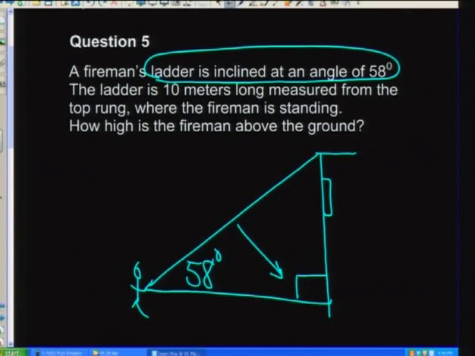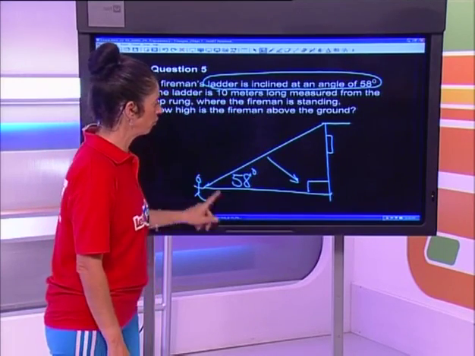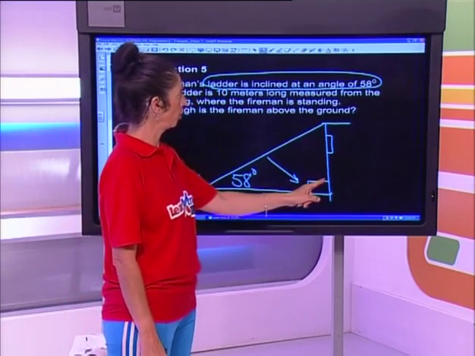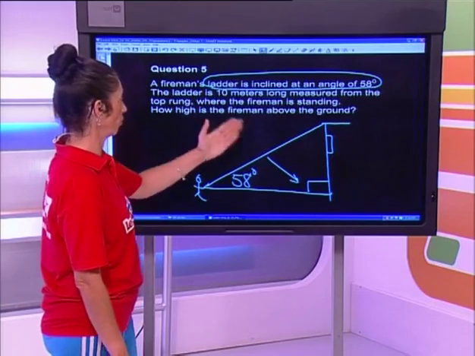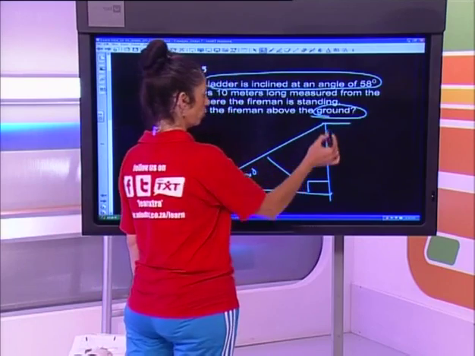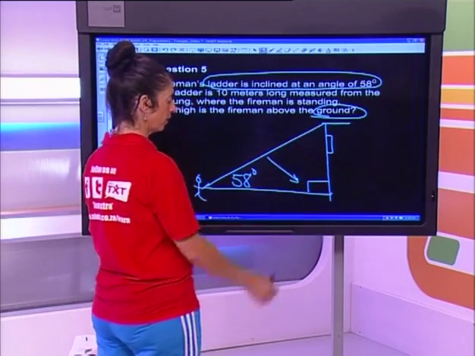Every single bit of English can be put into this picture. The ladder is against the wall. From this picture, how high is the man above the ground? We are going to assume that we don't have the Leaning Tower of Pisa, but a vertical building to the ground.